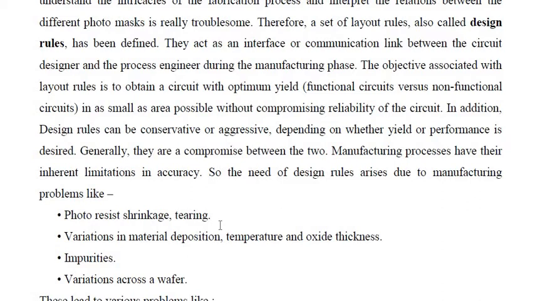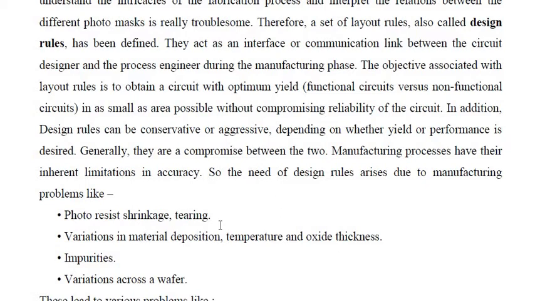And impurities, where you are going to use these impurities when you have to get the diffusions, either N diffusion or P diffusion. For a pure silicon crystal, we have to diffuse the impurities for getting your source and drain terminals. And the last one is variations across the wafers. A wafer is nothing but a slice of a silicon crystal on which we are going to prepare your complete IC.